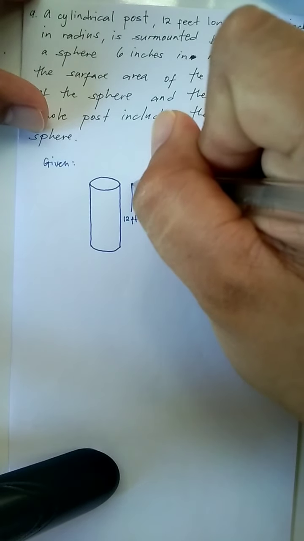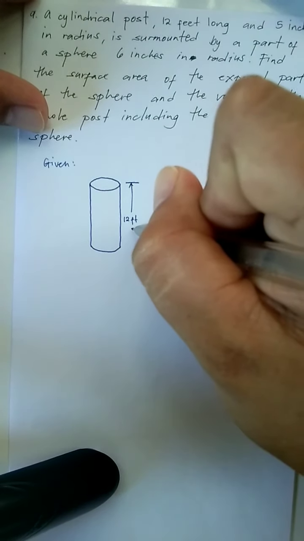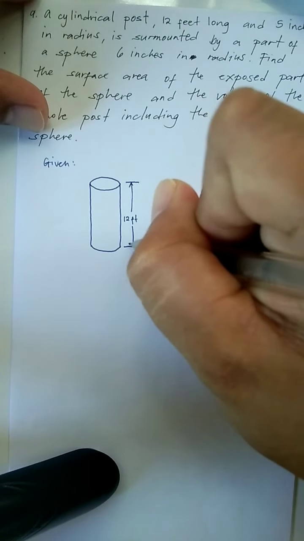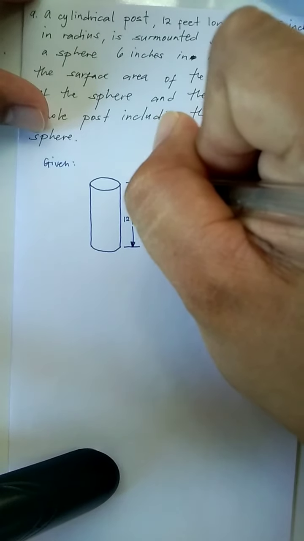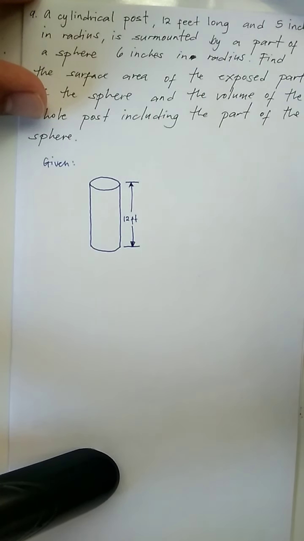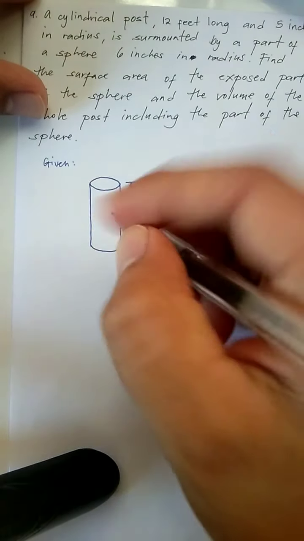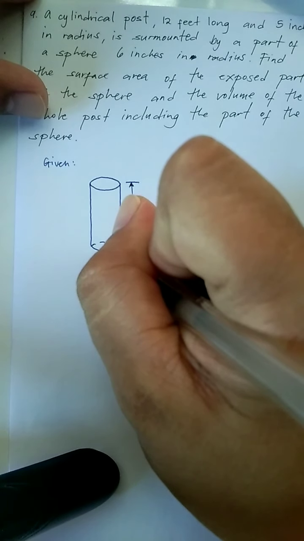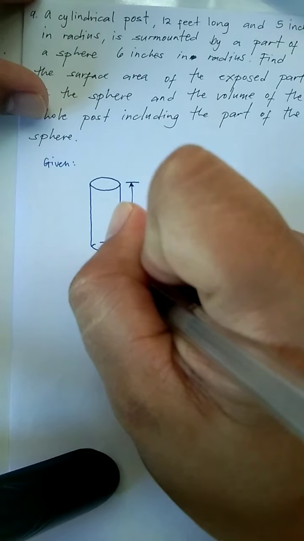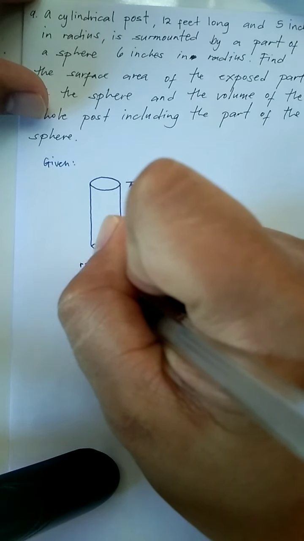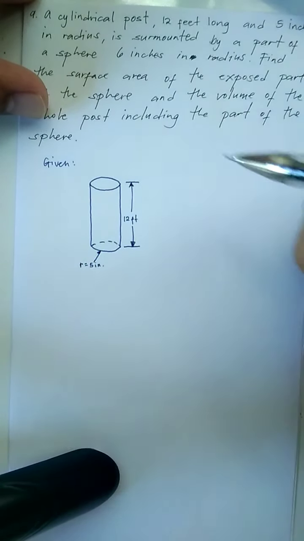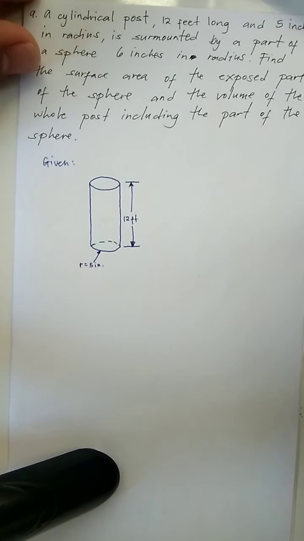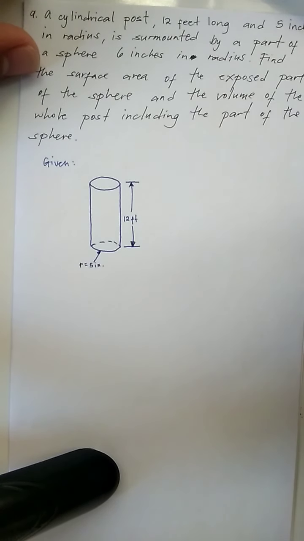Let's have some measurement. 12 feet long and 5 inches in radius, so let's have here radius equals 5 inches. Okay, is surmounted by a sphere.